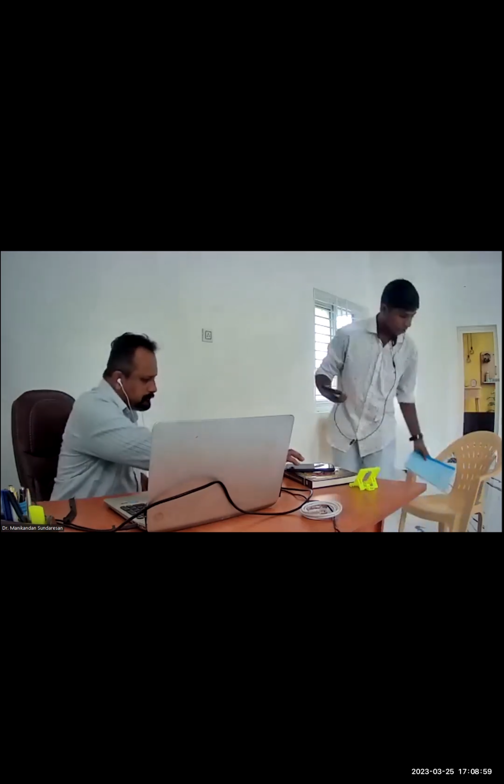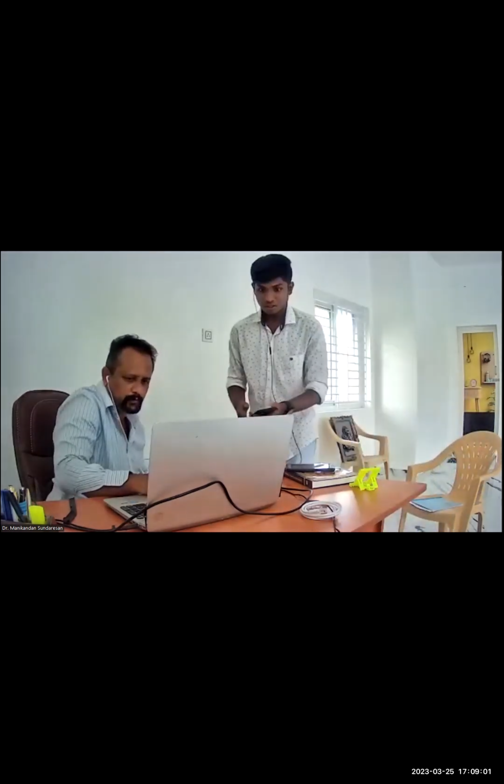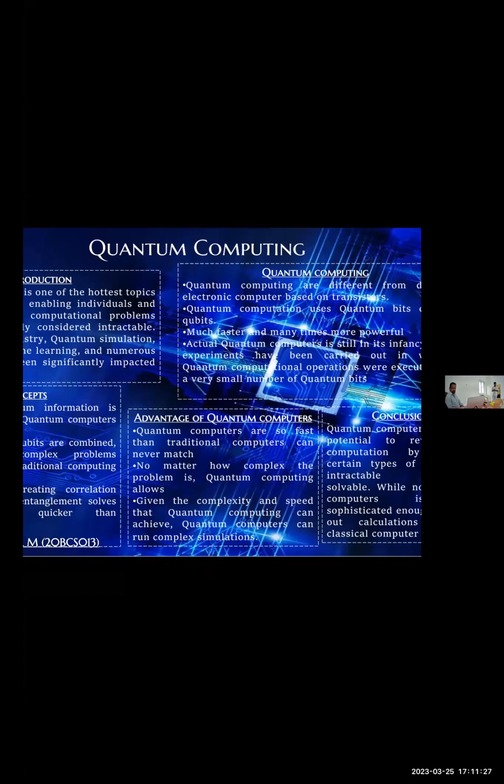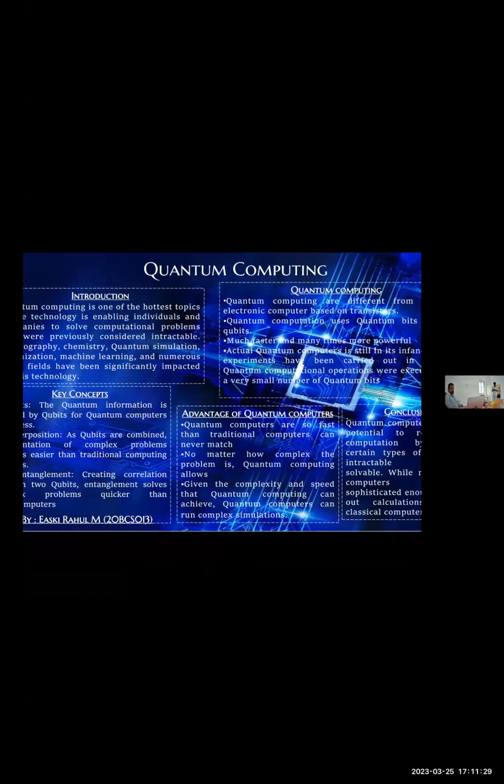Let us see his presentation first, and then we will go to Tanvi's presentation. So Rahul is ready with his presentation, quantum computing.